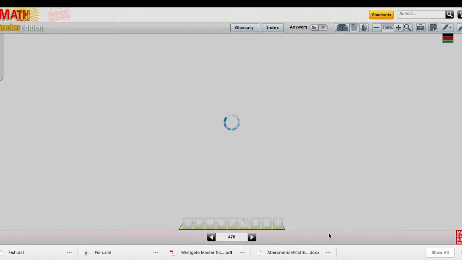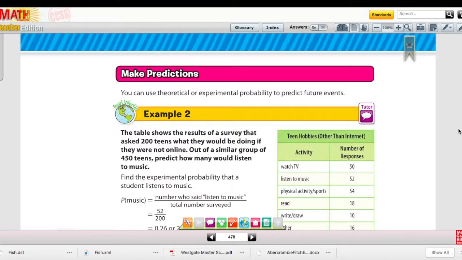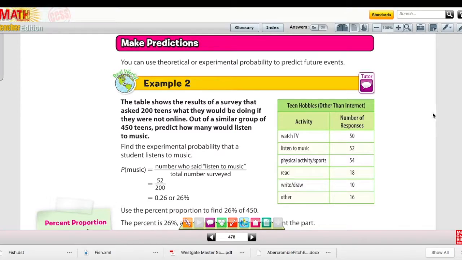Moving on to page 478. At the top of the page we have another probability question, but this time we're going to expand what we know to a larger population. This table shows what 200 teens responded, so we're going to use that information to predict how 450 kids or teens might respond.